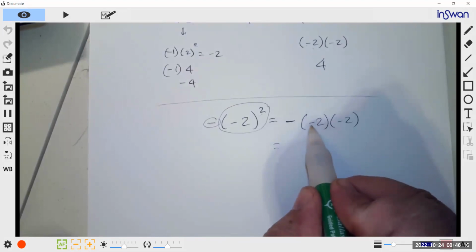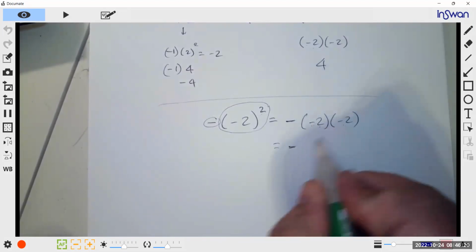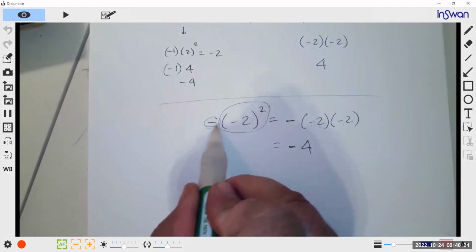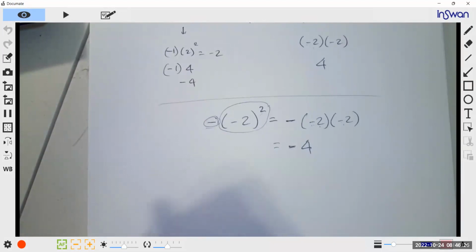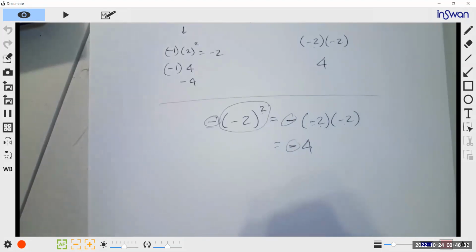Negative times negative is a positive. A positive times a negative is a negative. 2 times 2 is 4. So okay, if there's a negative out in front, then it stays out there, and it is used only at the very end. Okay, so that's the thing about signs.